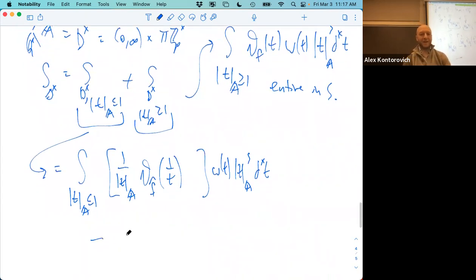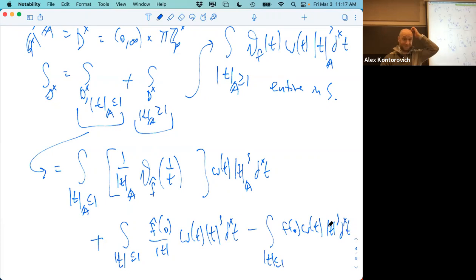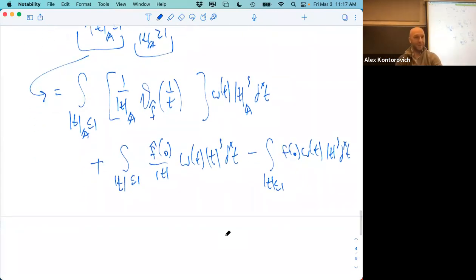Let me break out these pieces. T less than 1: it was a plus F hat of 0 over T, omega of T, T to the S, d star T, and then a minus integral over T less than 1 of F of 0, over T, omega of T, T to the S, d star T. And altogether it is analytic.